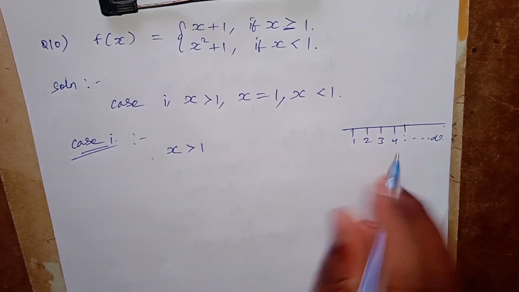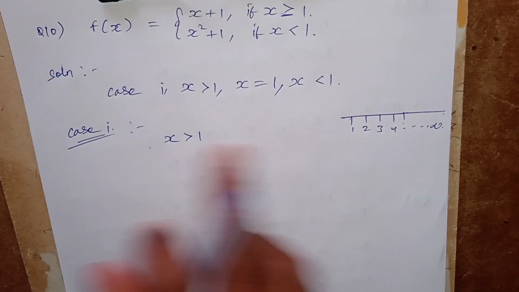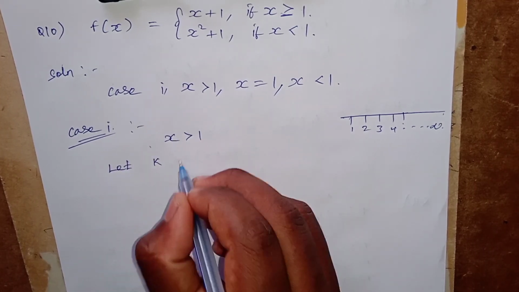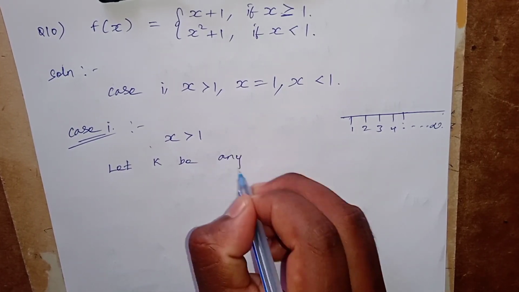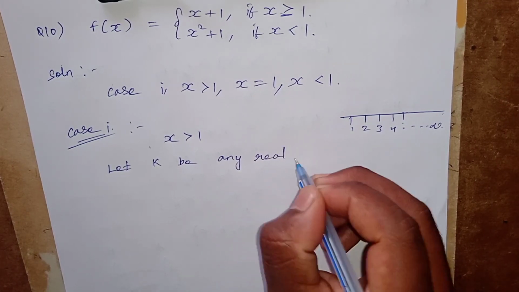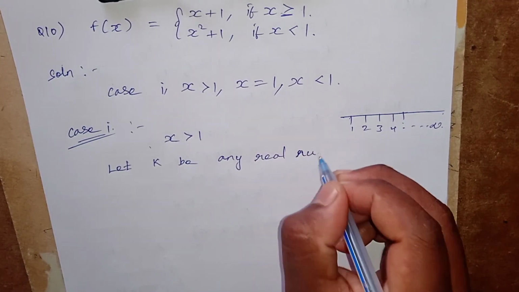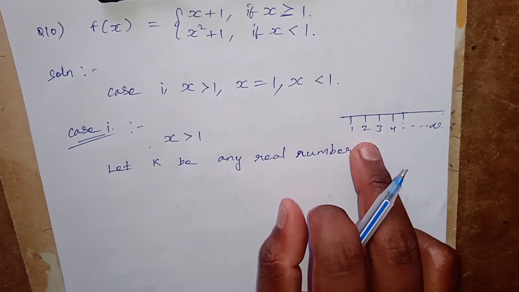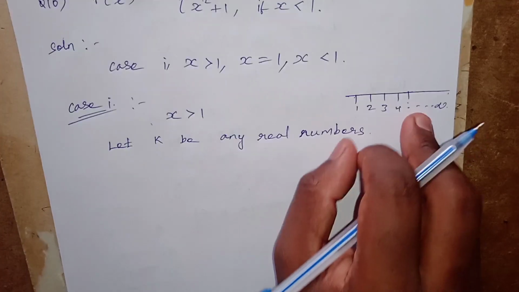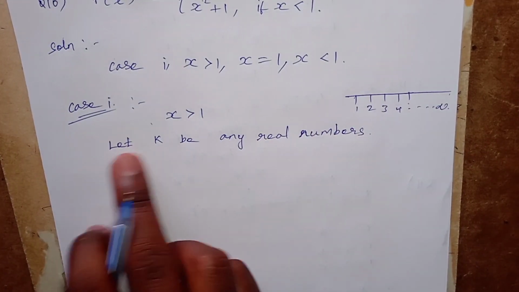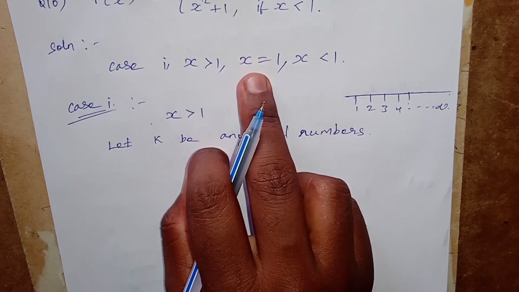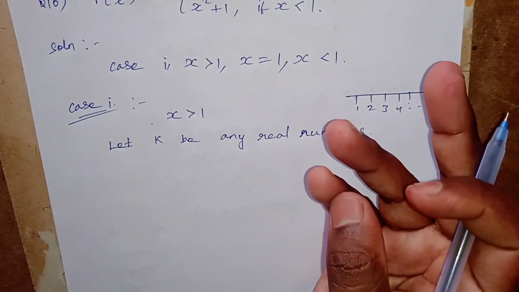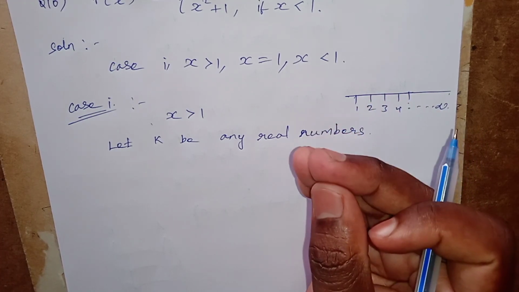Therefore, I am taking let k be any real number, because we can choose 2 or 3 or 4. At a point, you have to take the left hand limit, right hand limit, then f of a.